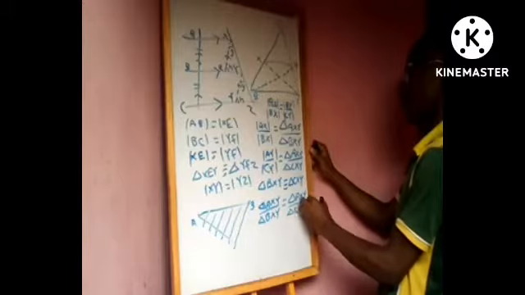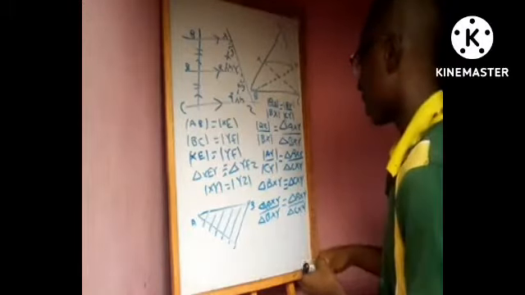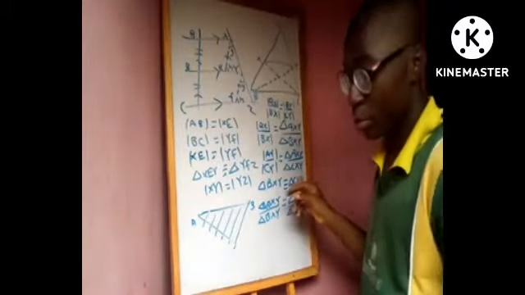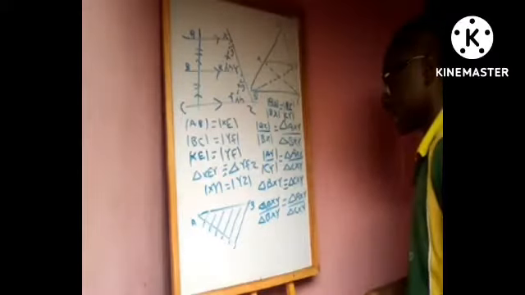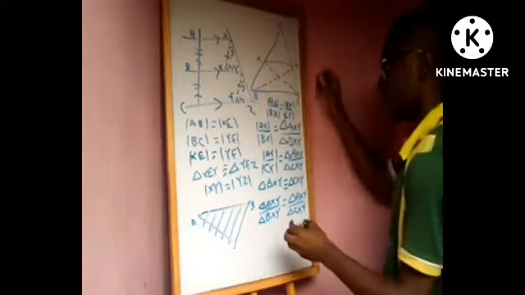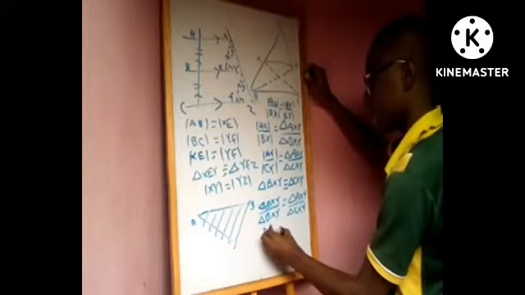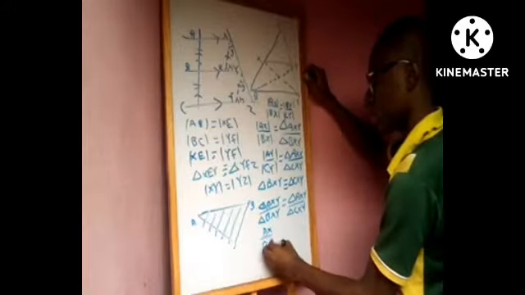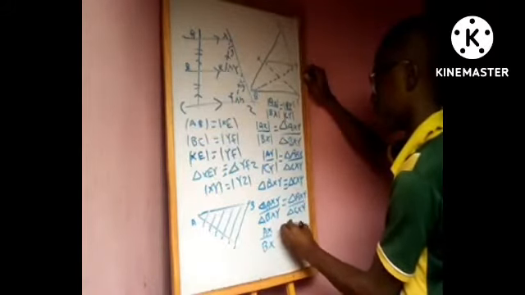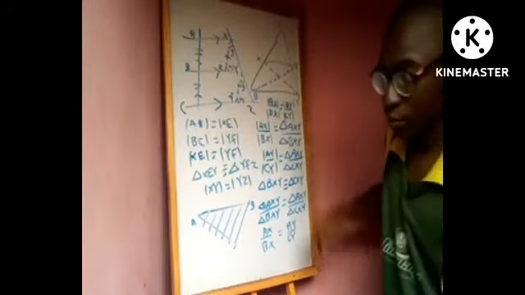The reason for that is that triangle BXY is equivalent to triangle CXY. That means from what we can gather here, AX over BX will be equal to AY over CY. So that is simply the proof for that theorem.